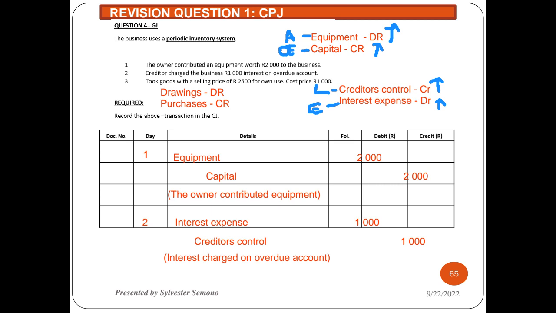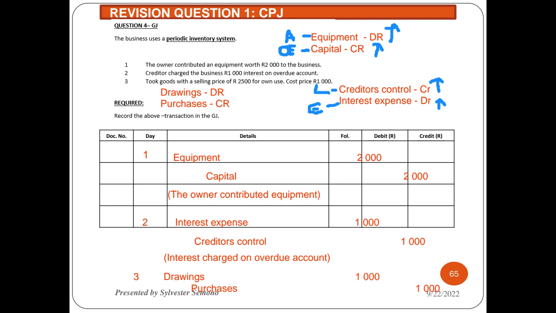So what do we have to credit in the cost price, 1,000? Cost price, because remember, we are not selling to the owner. The owner just took it from the business. So we did not sell, and we cannot use the selling price.